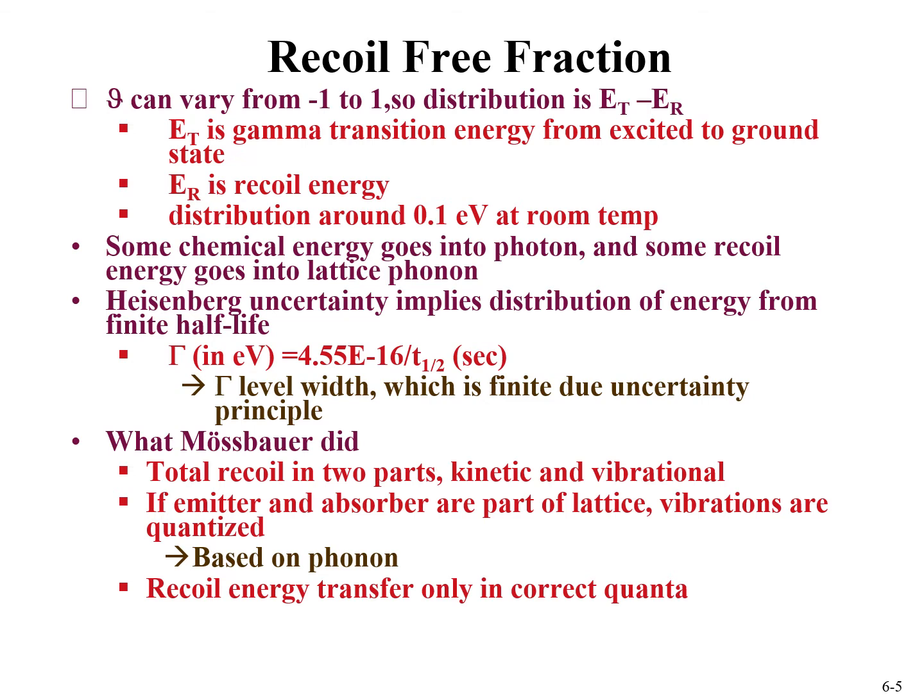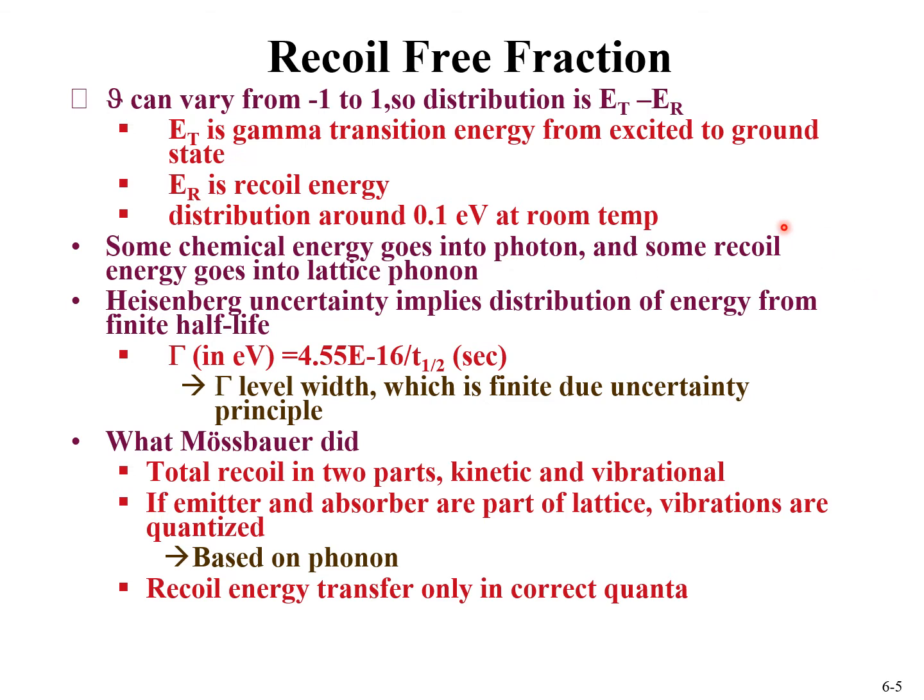So with this recoil-free fraction, we can have a distribution of energies from the gamma, a transition energy from the excited state to the ground state, and the recoil energy. So we can have a range of these energy differences. Nominally, these are very small, on the order of eV at room temperature.